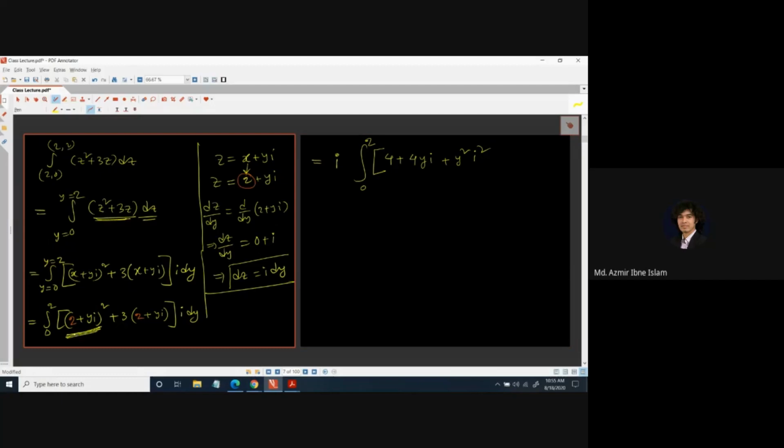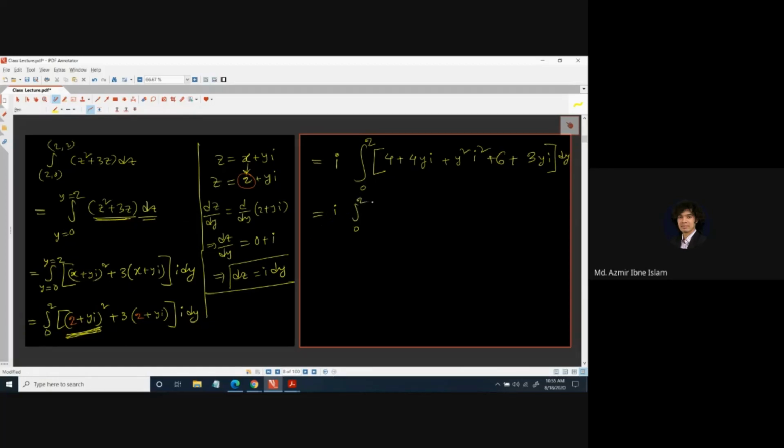I am expanding this one. Okay, then we have 6 plus 3yi. Try to look closely, otherwise if I make a mistake, try to make me correct.